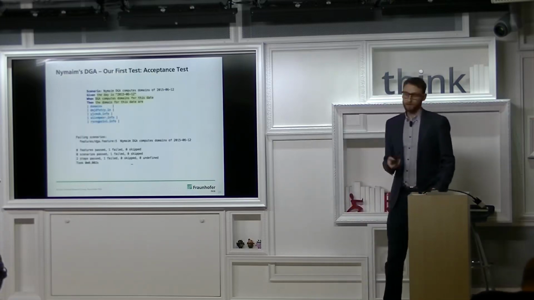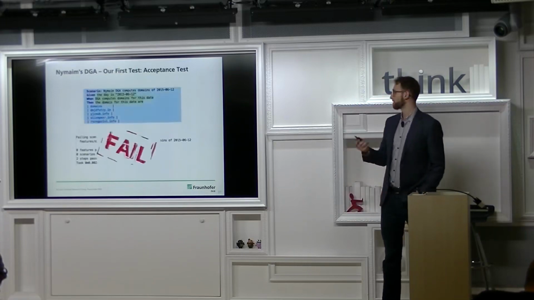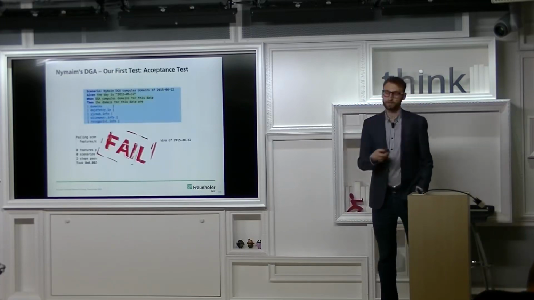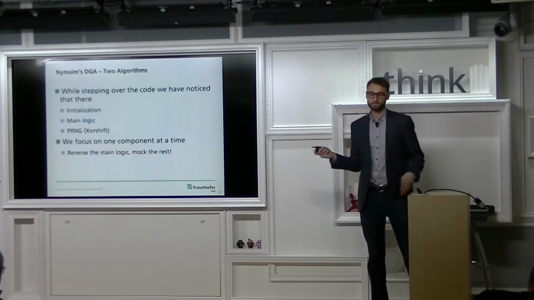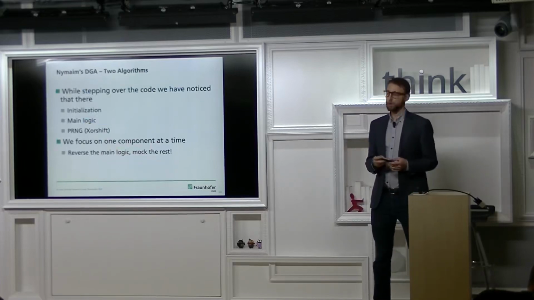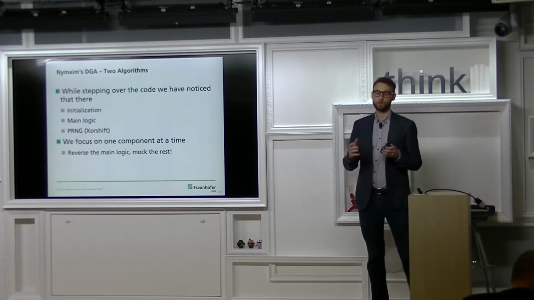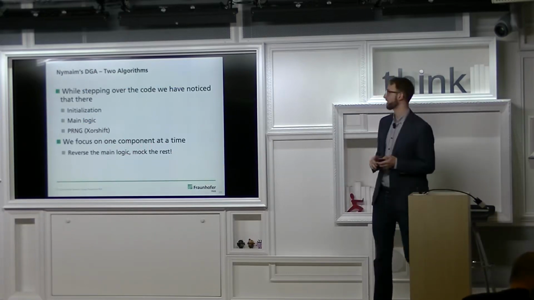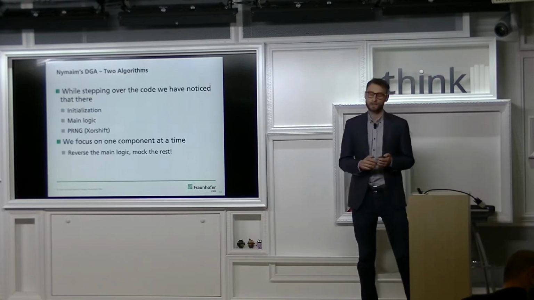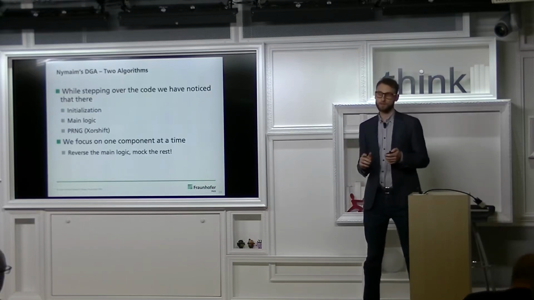What happens is that if you execute it without having written code, it fails, so I had to re-implement it. Then I entered the cycle. First I was in this observing phase, and I stepped through the code and noticed that there are several algorithms involved.